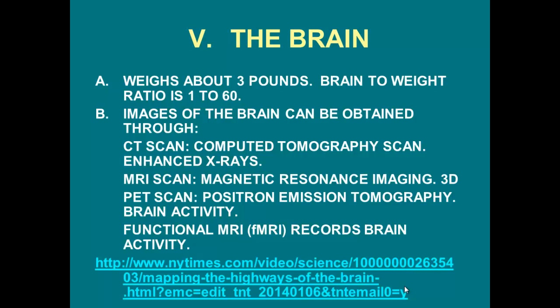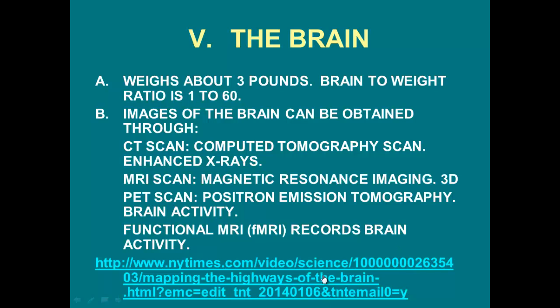It records brain activities, where we can actually go in and see that a male's brain is a little different than a female's brain. We can find that when people are solving complex math problems, we can look and see what they're doing as well.